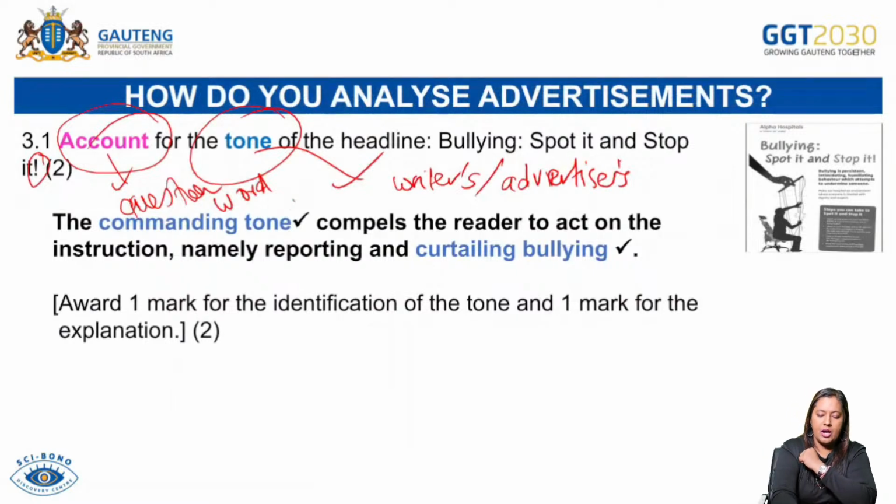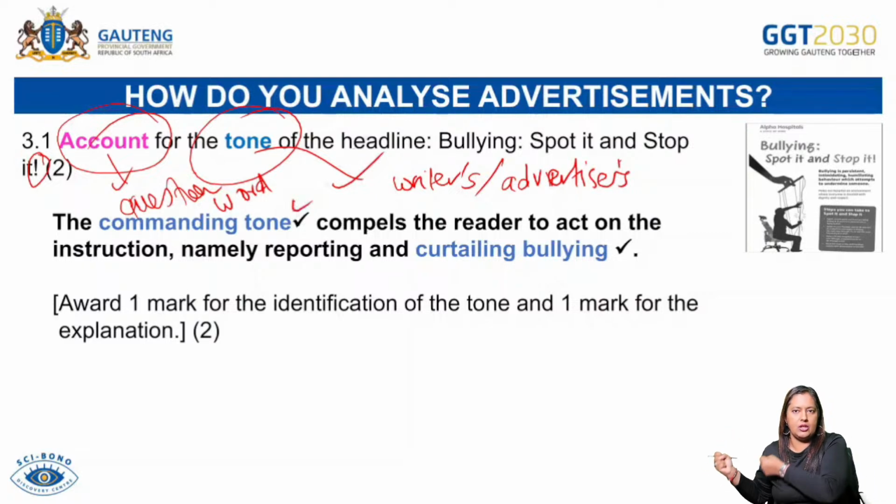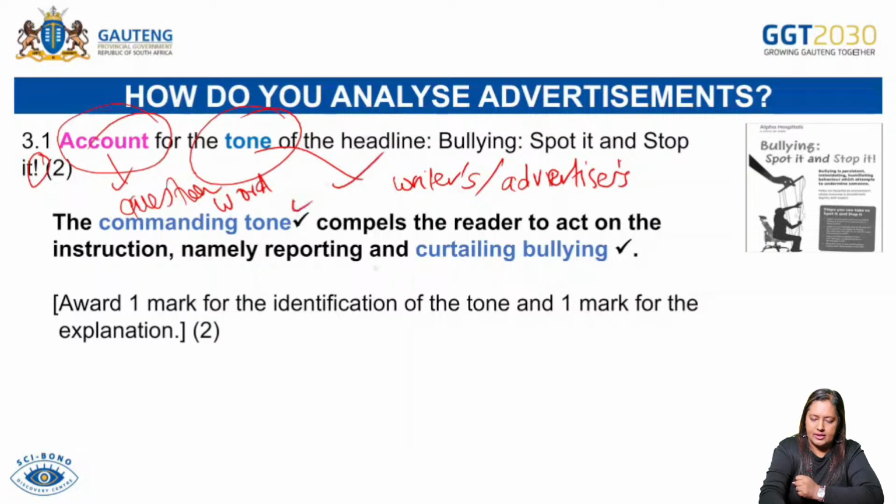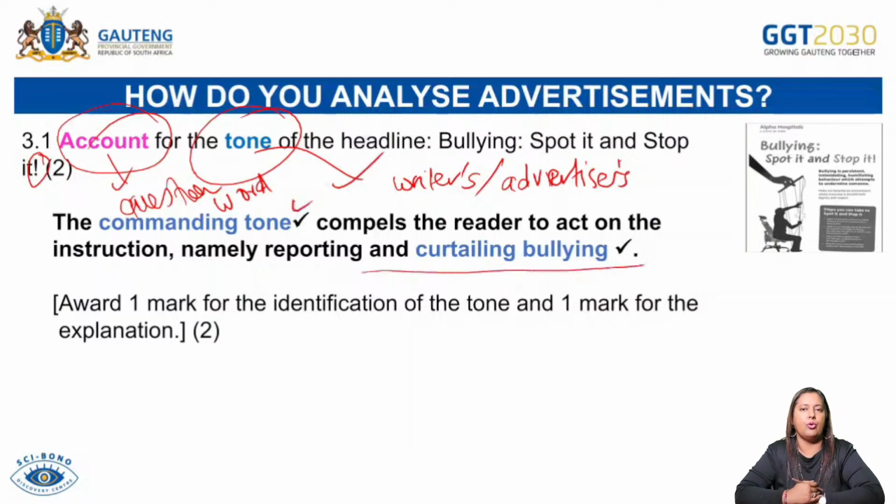So we already got a mark for an answer saying it's a commanding tone, and it makes me act in a particular way. So in this case, it is forcing me to report bullying and therefore curtailing it, meaning stopping the bullying from occurring. So we're going to award 1 mark for the identification of the tone and 1 mark for the explanation.